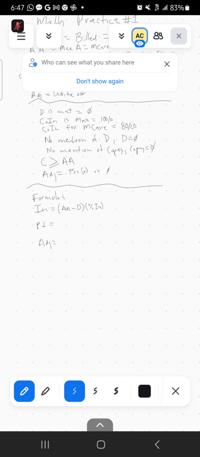For the patient, because the patient pays more things, patient pays deductible, co-payment, co-insurance, the formula starts the same. We do the allowed amount minus deductible times something. That percentage now, instead of being the percentage for the insurance, is the percentage for the patient.